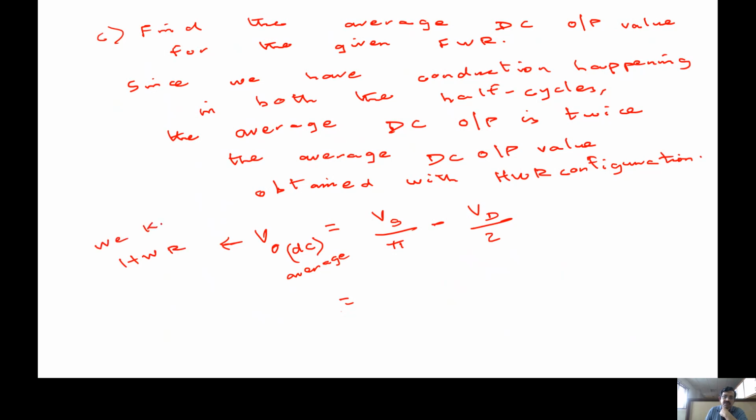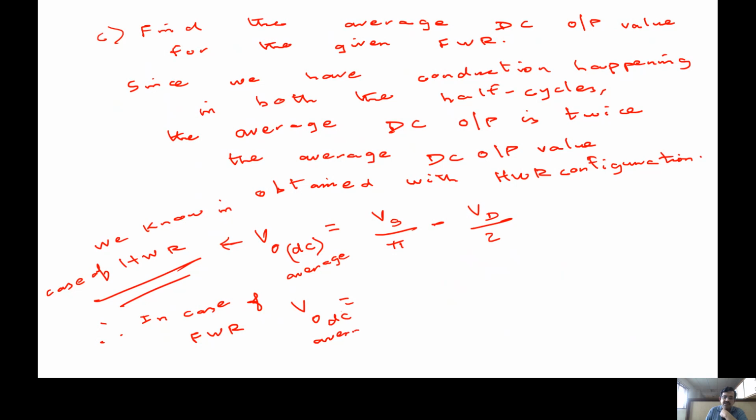So we know in case of half wave rectifier, this is the output. So therefore, in case of full wave rectifier, we must get twice the value. So V naught DC average will be equivalent to 2 times Vs by pi minus Vd.